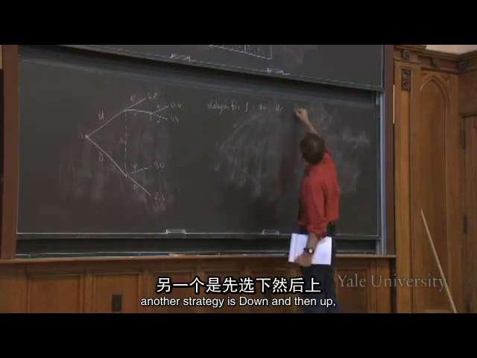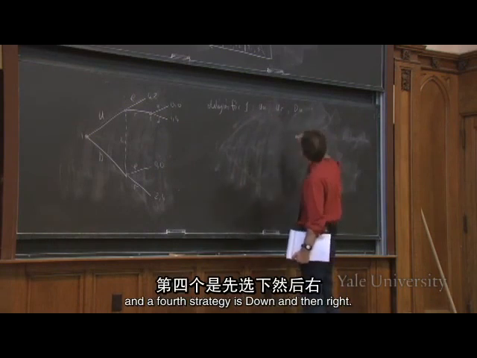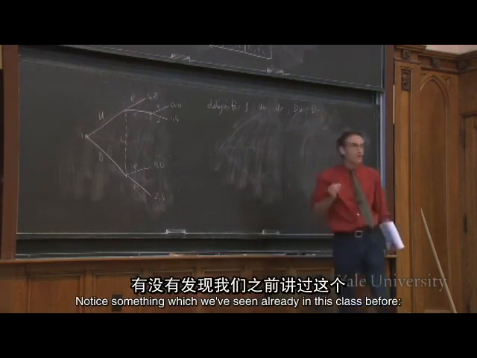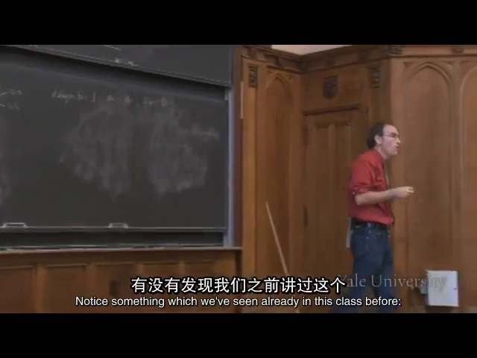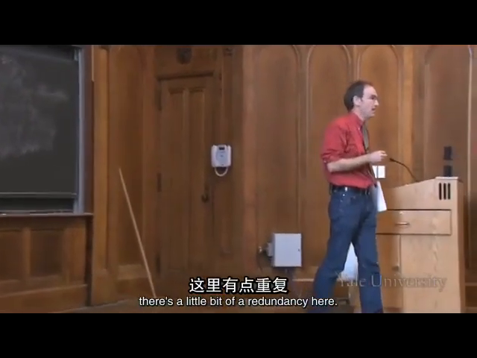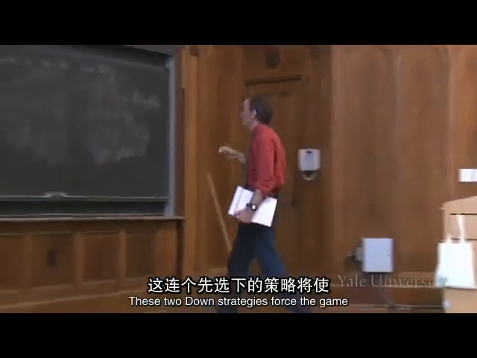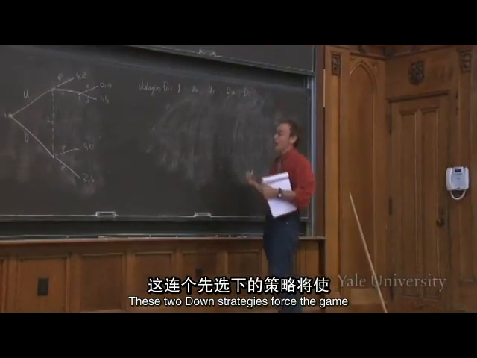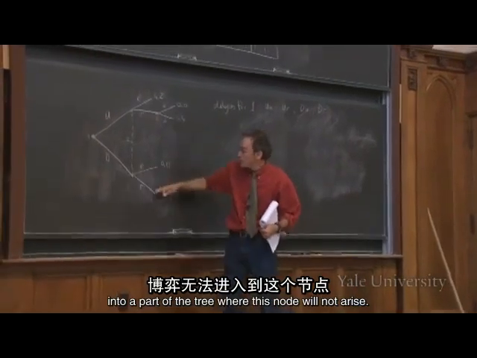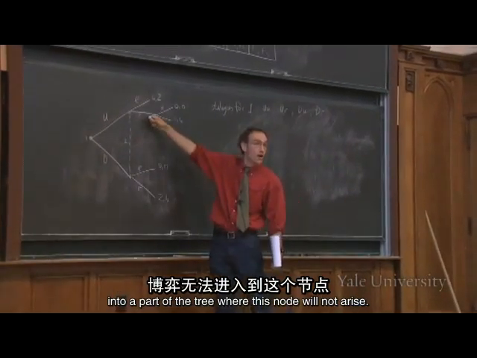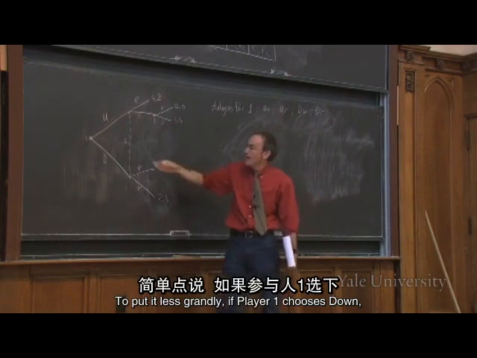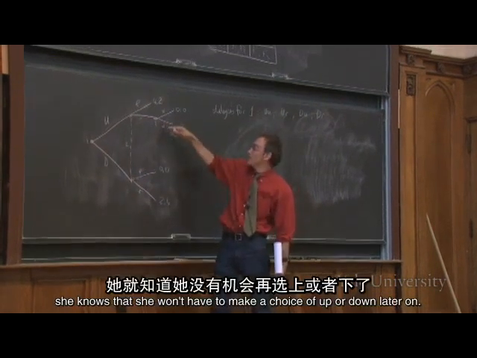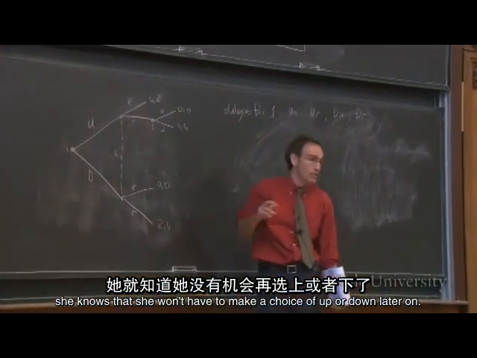Another strategy is down and then up. And a fourth strategy is down and then right. And notice something which we've seen already in this class before. There's a little bit of a redundancy here. These two down strategies force the game into a part of the tree where this node will not arise. But put less grandly, if player 1 chooses down, she knows that she won't have to make a choice of up or down later on.